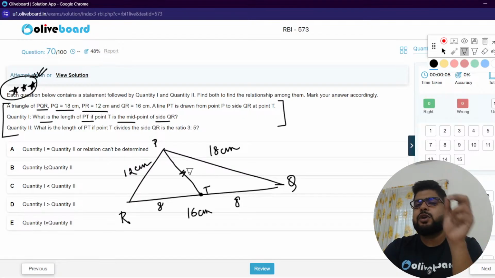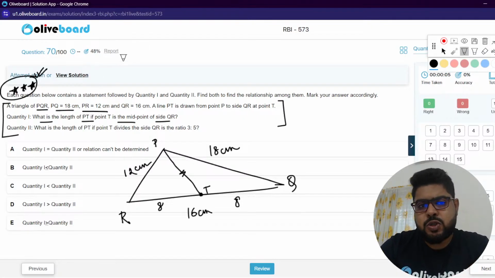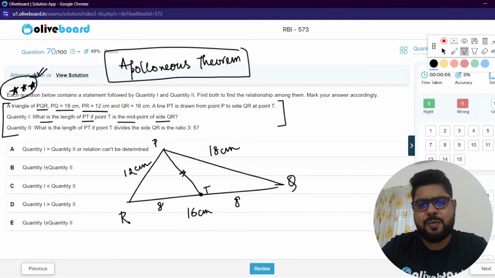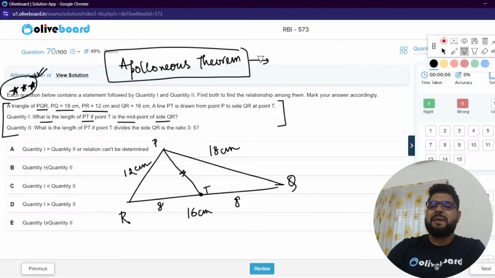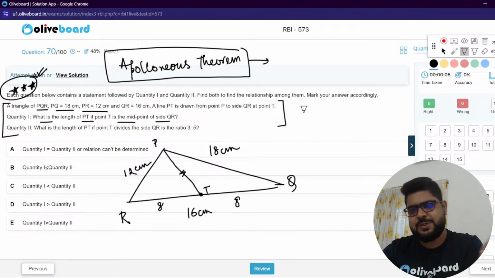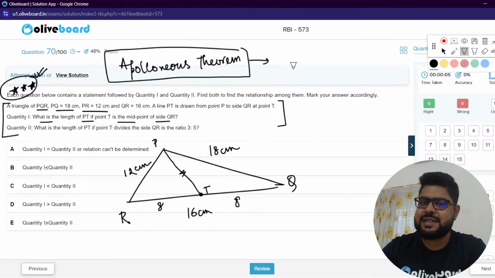If you want to figure out PT, the best way is to go through Apollonius theorem. Again, these are advanced theorems, you should know a little. Stewart's theorem would also work, but Stewart's theorem will go in the next case.